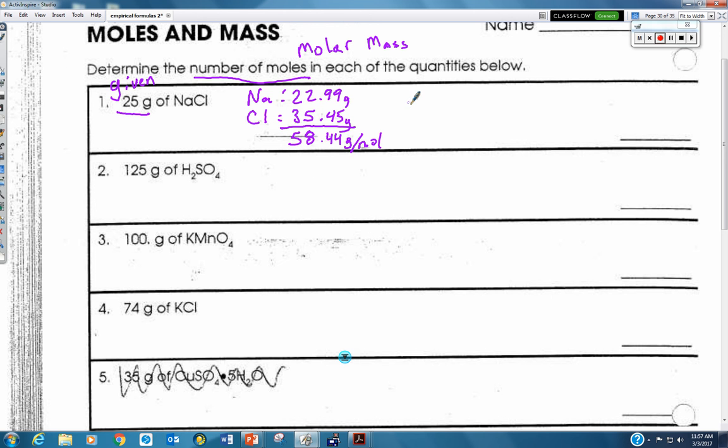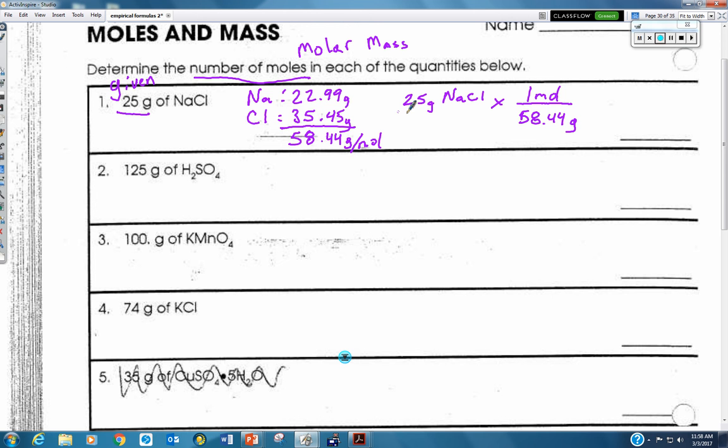Again, we can do this using basic stoichiometry. We have 25 grams sodium chloride. We want to set our equation up so that we are canceling out grams. So we're going to place our molar mass on the bottom, which would be 58.44 grams for every 1 mole.